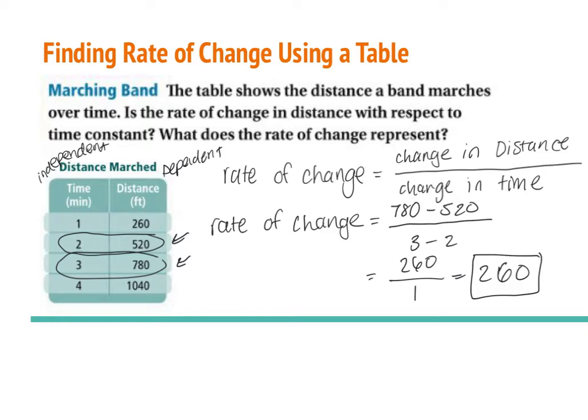Can anyone tell me what that represents? What does 260 represent? It's our rate of change, but think about what we just found. Roy, what do you think? How much distance you travel in like a minute? All right, Serena, go for it. The amount of feet you're traveling in a minute.